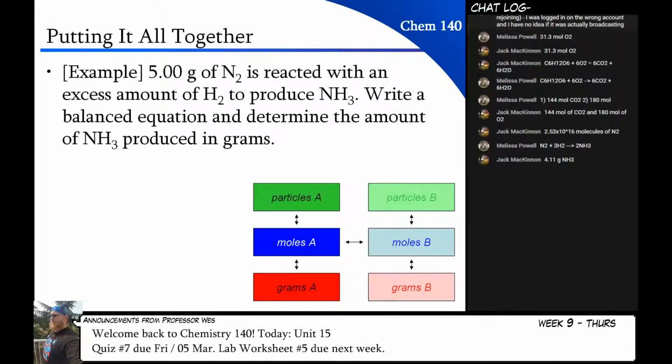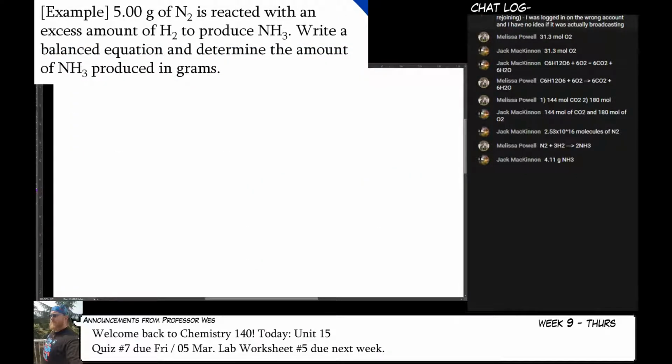All right, let's go over the answer. So first we have to write the balanced equation. I'm going to react N2 and H2 to make NH3. I'll do it this way so that you can see it.